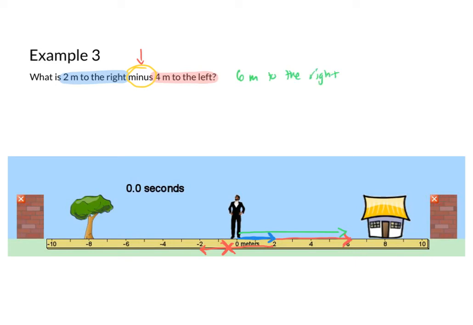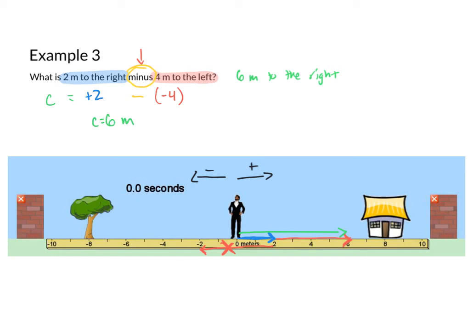I can also depict this just using my signs. So if I decide with my frame of reference that to the right is positive and to the left is negative, then 2 meters to the right is just positive 2, and from our positive 2 we are subtracting 4 meters to the left, or negative 4, giving me my final vector, which I'm going to call C, as C equals 2 minus negative 4, or C equals, again, 6 meters.